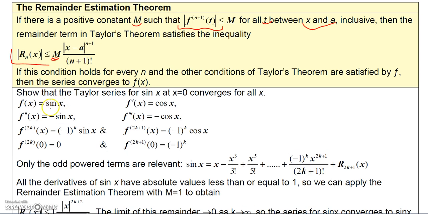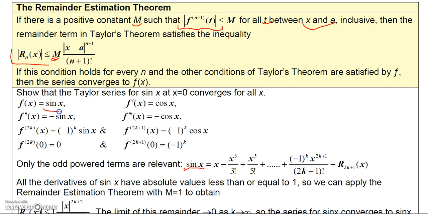Okay, so show that the Taylor series for sine of x at x equals 0 converges for all x. Now, we've actually already seen an example of a Taylor series for sine x earlier, but basically you get it by finding derivatives.